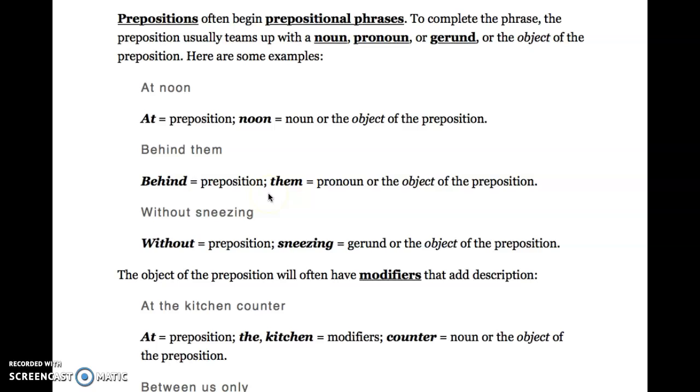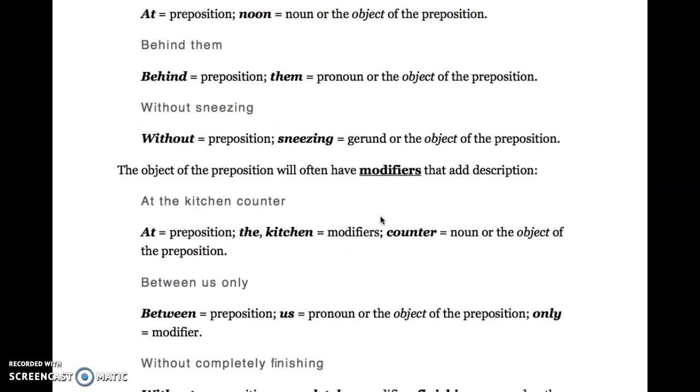If our prepositional phrase is behind them, behind is our preposition showing position, them is the object or pronoun showing the position of whom, them. Without sneezing, without would be our preposition, and sneezing would be the gerund or the object of our preposition.